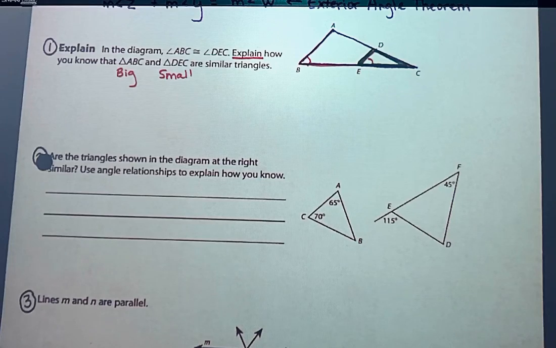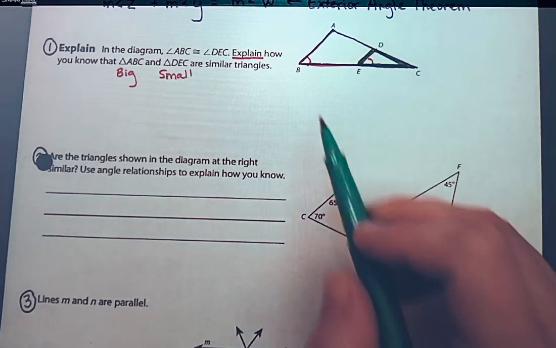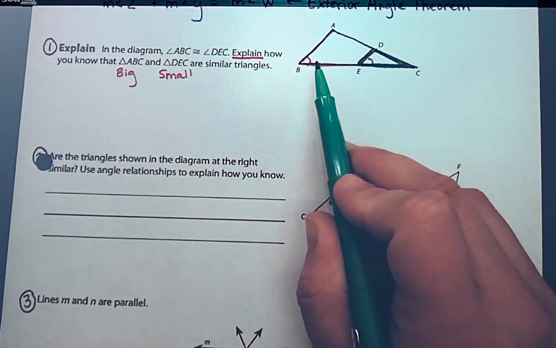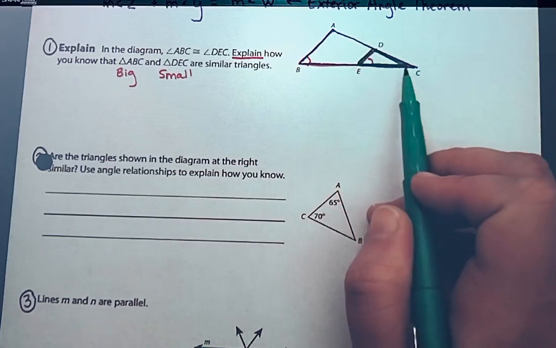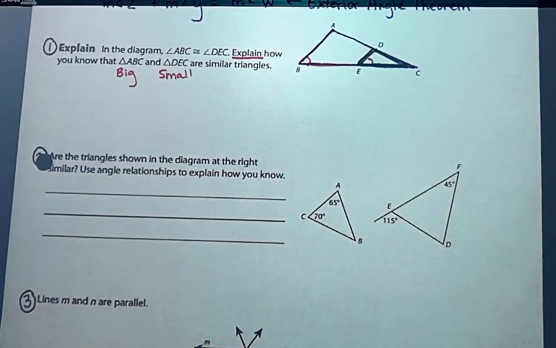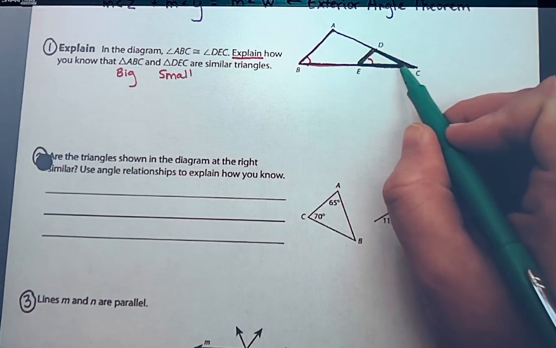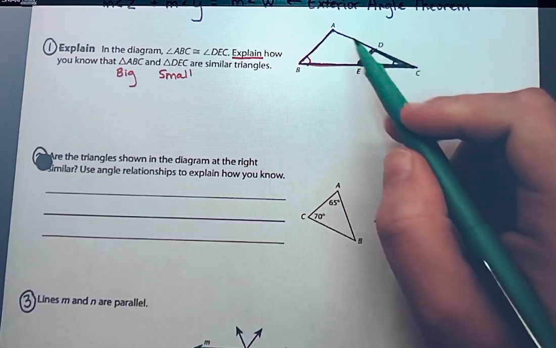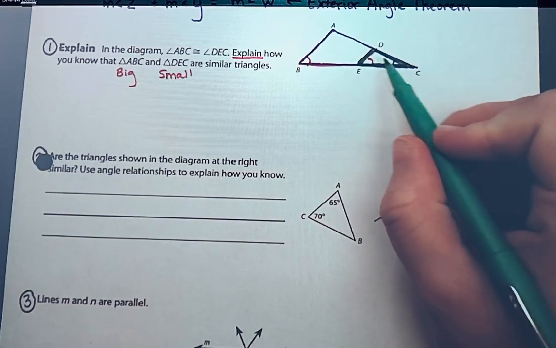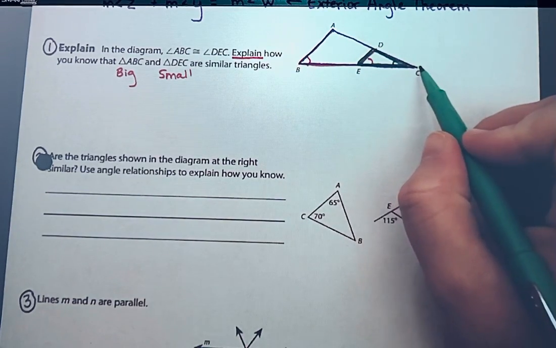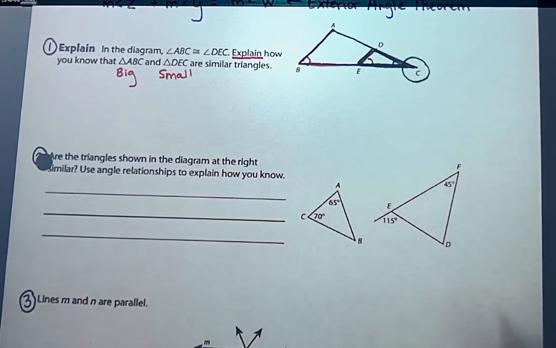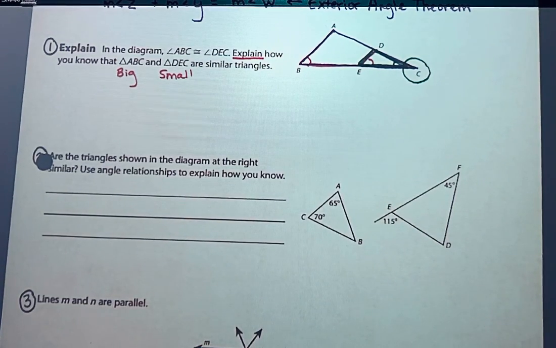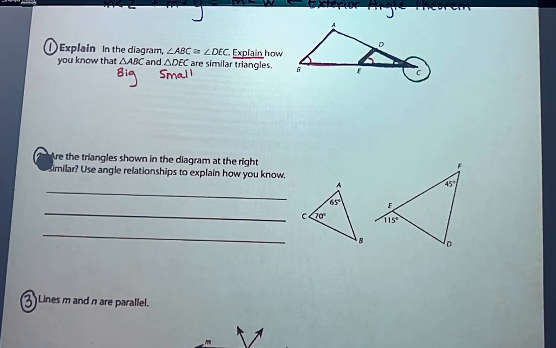And in this particular problem, they're just telling us these two angles are the same. So how do we know that the other angles are going to match? That's the question. And the key here is angle C. If you look at angle C right here, ABC and DEC, C is the key to this answer because both triangles include angle C. We know that they have two angles that match now.